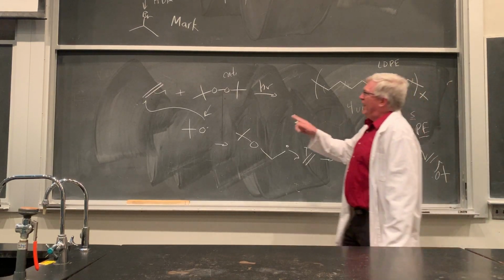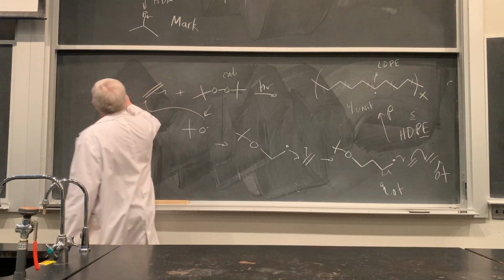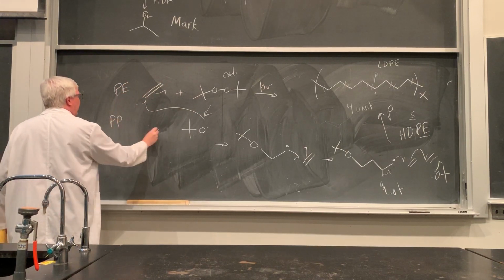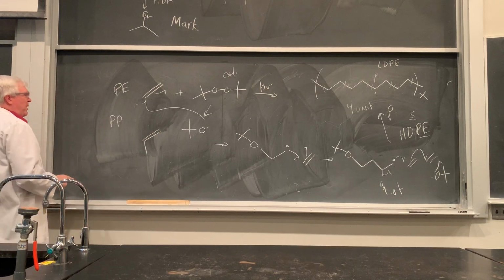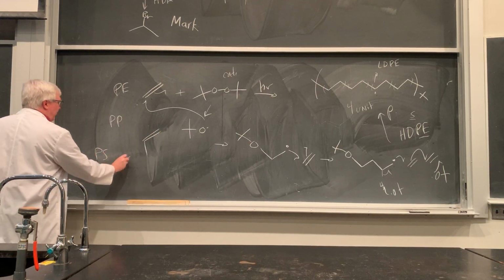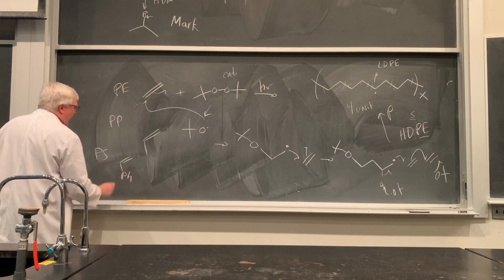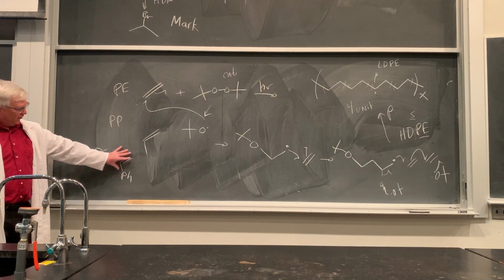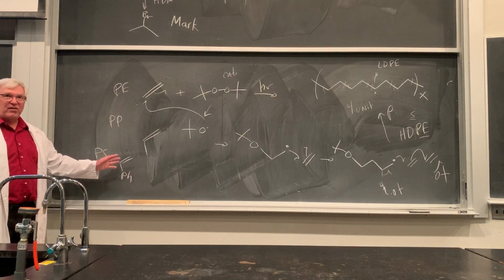We're going to look at polyethylene, and how about polypropylene from propene, and what were the other two I told you about? Polystyrene. So styrene is vinyl benzene. Styrene is this whole molecule right here, vinyl benzene.